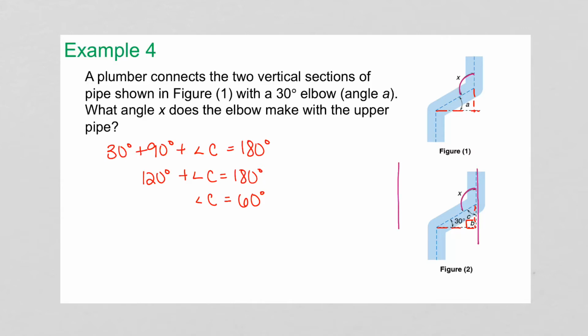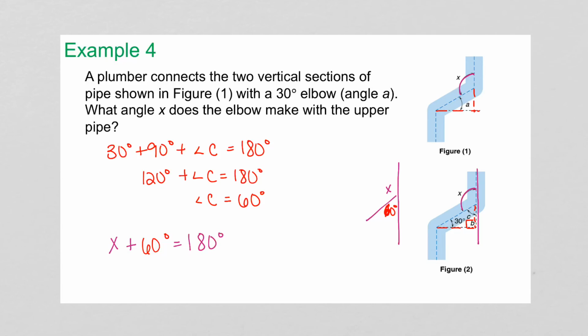So what we've got here is we've got a line, and we just found angle C to be 60 degrees, and so now we're going to find X. And we know that angle X, which we're just calling X here, plus the 60-degree angle, sorry about that, equals 180 degrees.